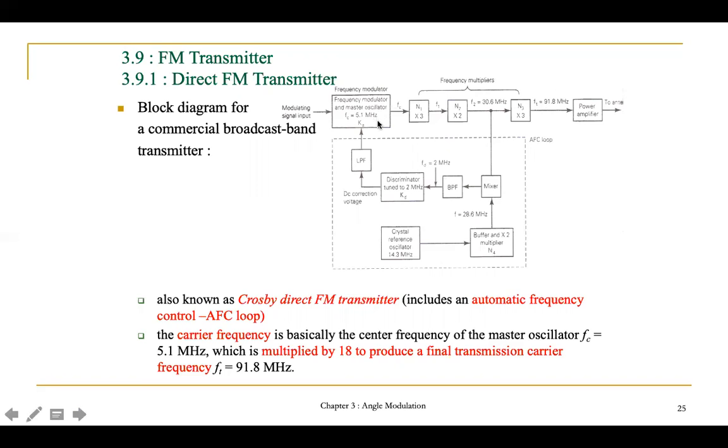So the carrier frequency here is multiplied by 18. That's why you have 3 multipliers: 3, 2, and 3. So 3 multiplied by 2 is 6, and 6 multiplied by 3 becomes 18. If you multiply 5.1 megahertz by 18, you will get Ft equals 91.8 megahertz.